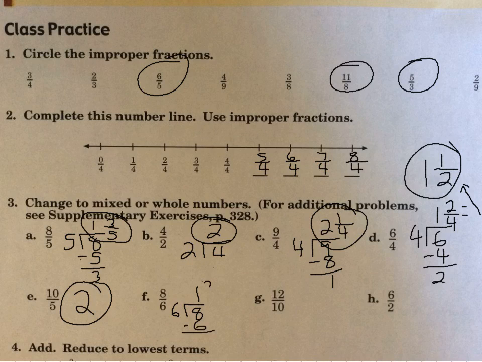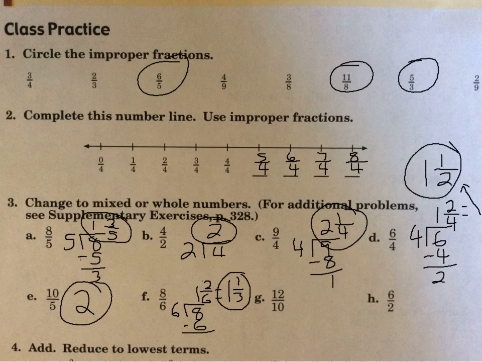So it's 1 and 2/6. Now that can be reduced also. What goes into both 2 and 6? What's your GCF for 2 and 6? It'd be 2. 2 goes into 2 one time. 2 goes into 6 3 times. So your reduced answer is 1 and 1/3.